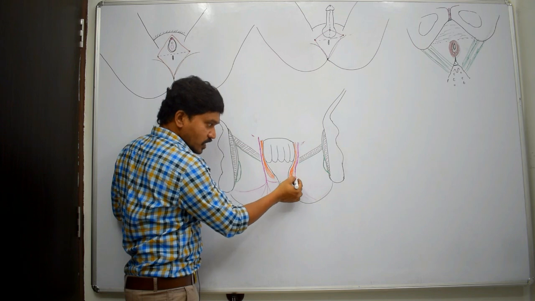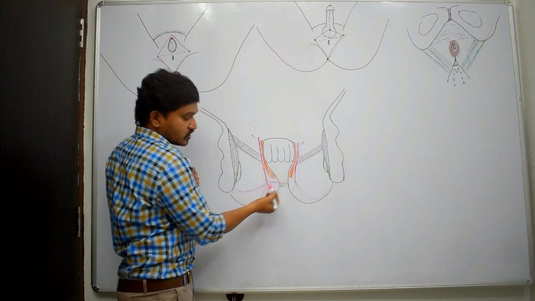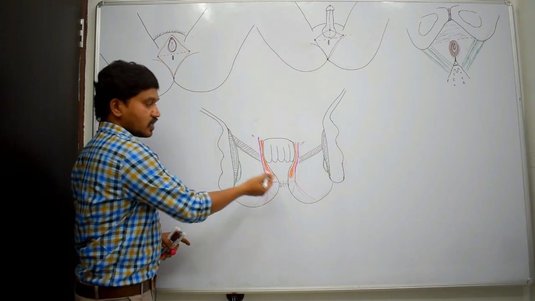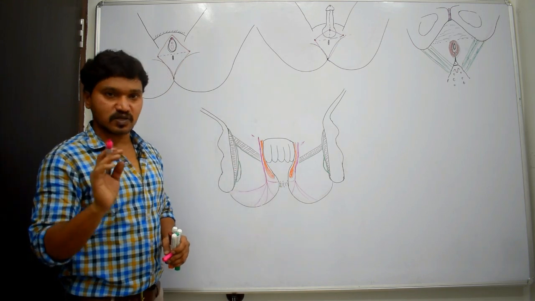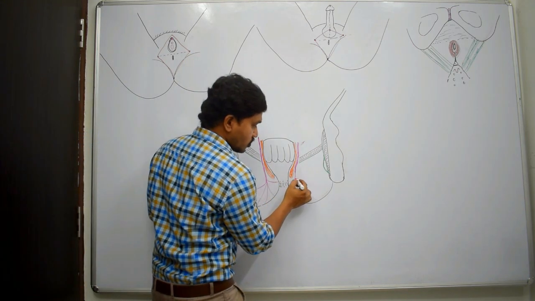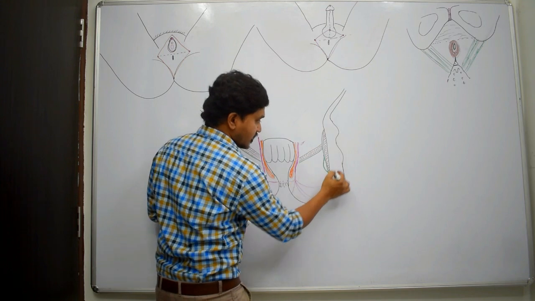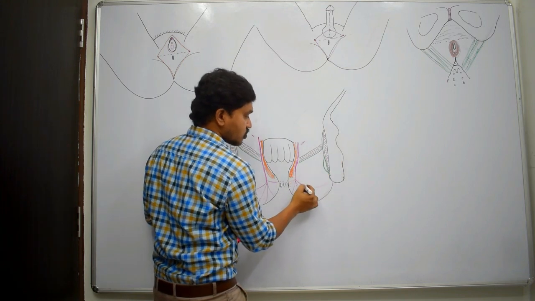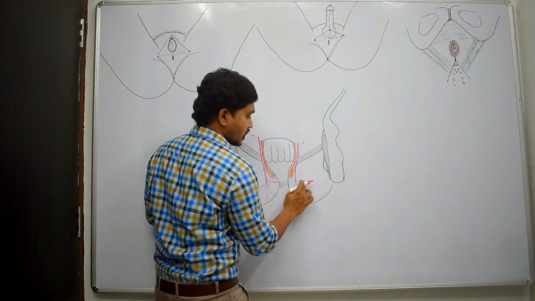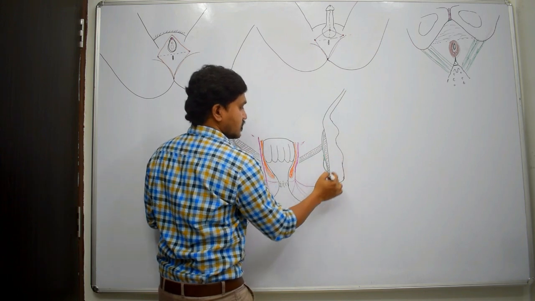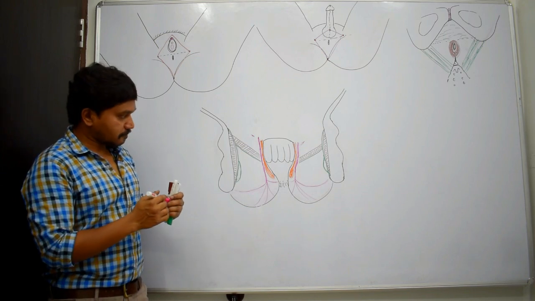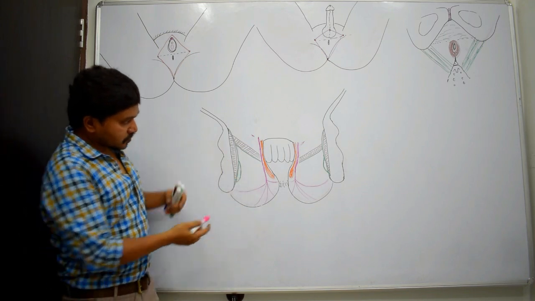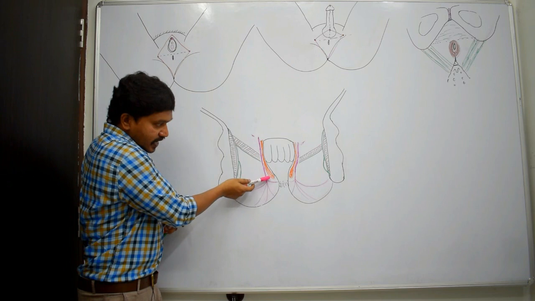One is medialmost one, that will be attaching to the anal wall at the level of Hilton's line. That septum what we are calling anal intermuscular septum, and one more septum going laterally, or lateralmost septum. This septum what we are calling perianal fascia, right? Then after that, there is internal anal sphincter.